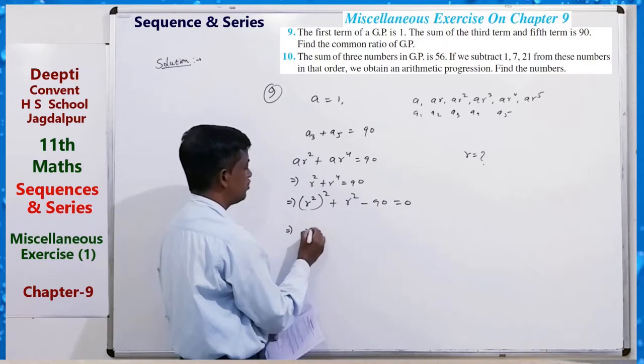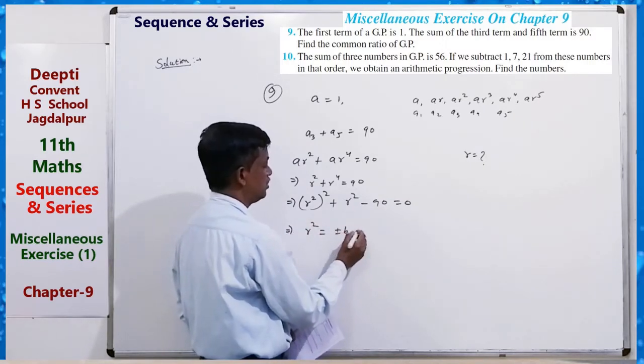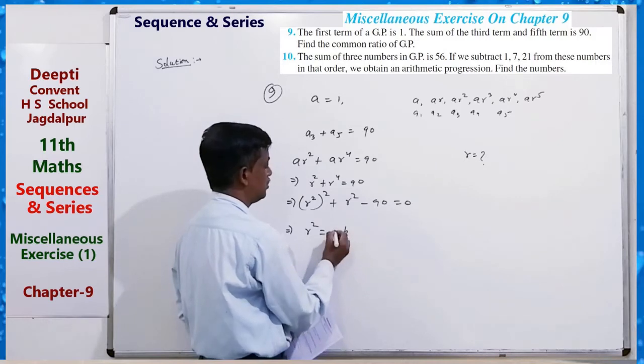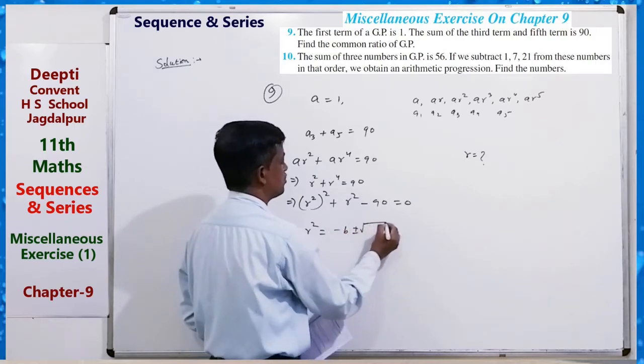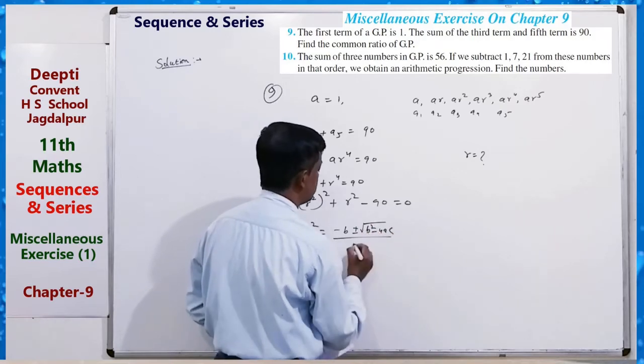So by the quadratic formula, R square equals minus B plus or minus root of B square minus 4AC, upon 2A.